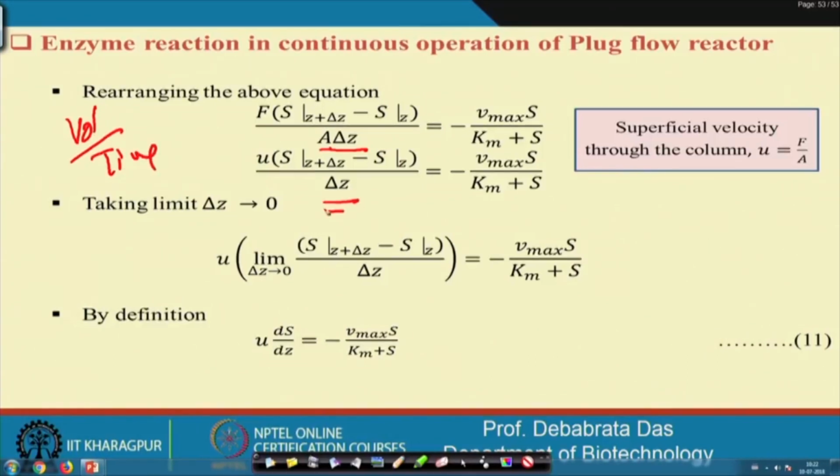And this is the volume. Now, A is the area. If you divide volume by area, then this will be velocity. This is U, the velocity, and del Z is the thickness of this particular strip, and we can analyze this and have this equation.